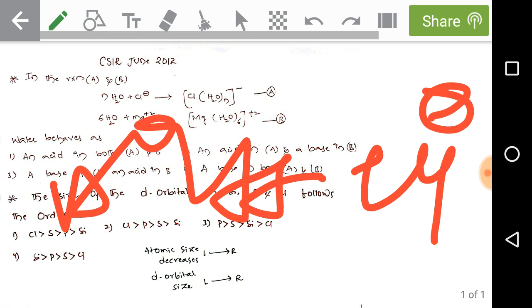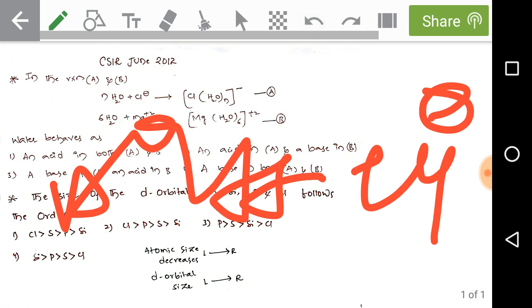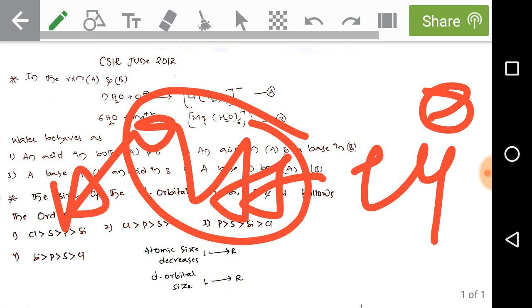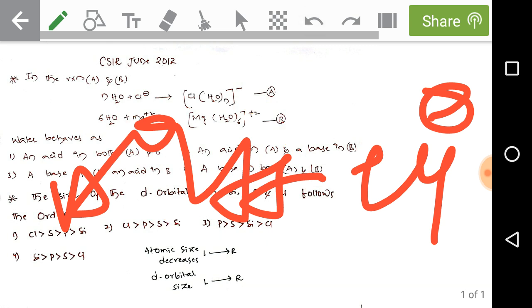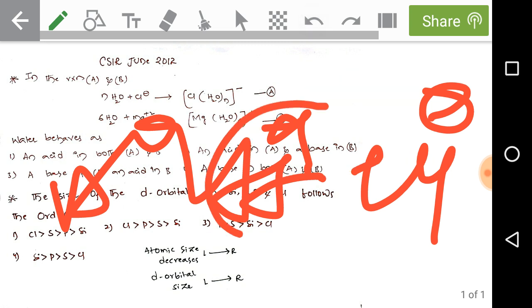But if you look at the water again, oxygen gets a negative charge and hydrogen gets a positive charge. That means dipoles can be observed on oxygen and hydrogen in water. One of the hydrogens with positive charge and the chloride, you can see ionic dipole interactions between Cl minus and H plus of water. So the interaction takes place between H plus of water and Cl minus.